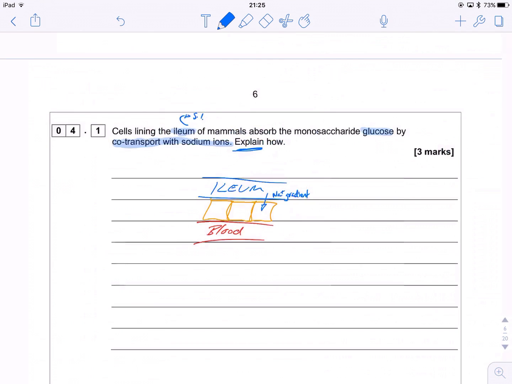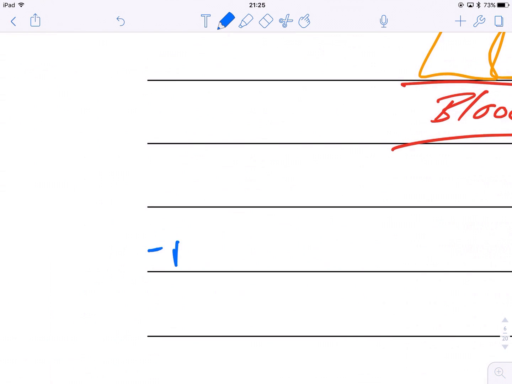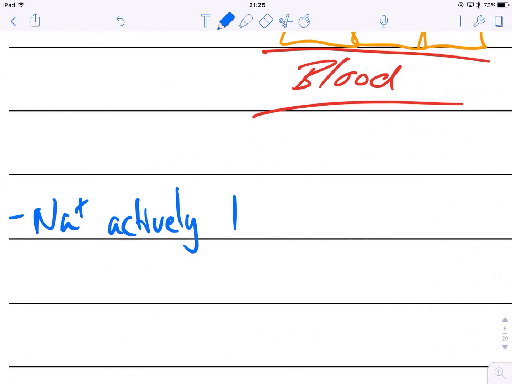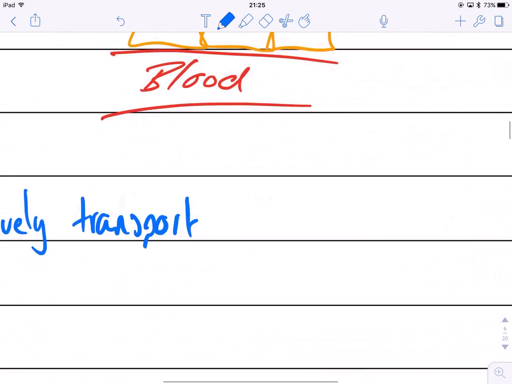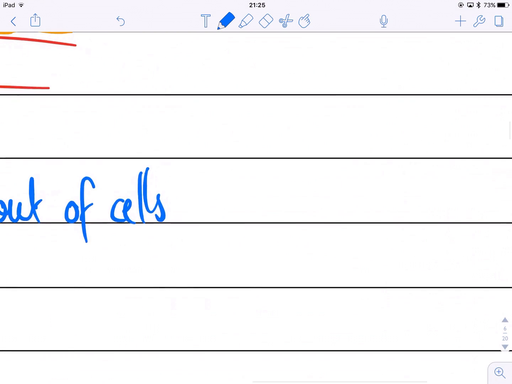So our first mark here is for saying that sodium, or sodium ions, are actively transported out of the cells into the blood. What's the point of that?